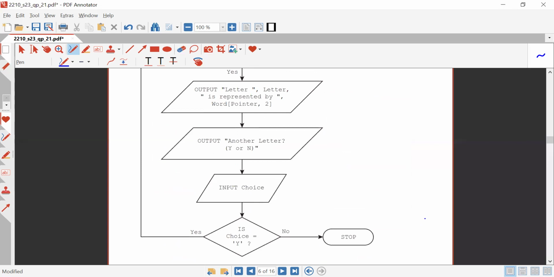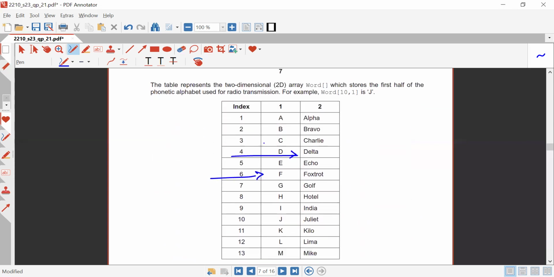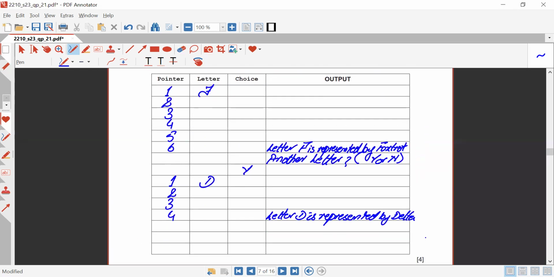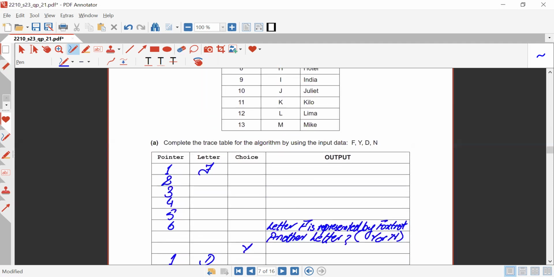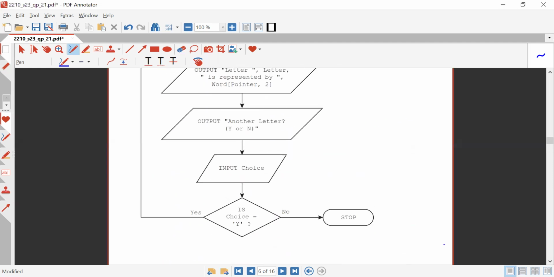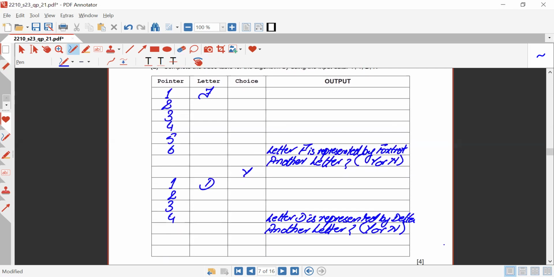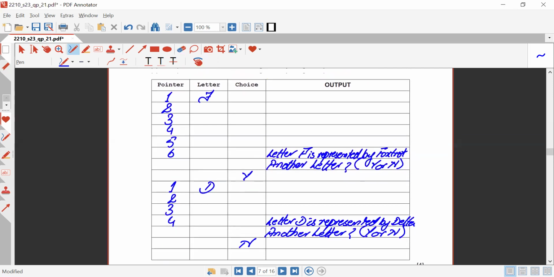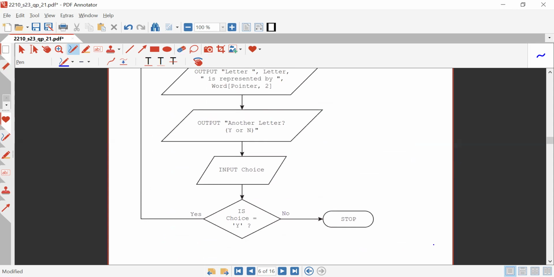Just after that, they are saying output another letter Y or N. Another letter, question mark in the bracket, it's Y or N. Okay. Just after that, they are saying input choice. So now this time the choice equals N. So they are saying is choice equal to Y? No, it's not. So that means it's a stop. That is where we end up.